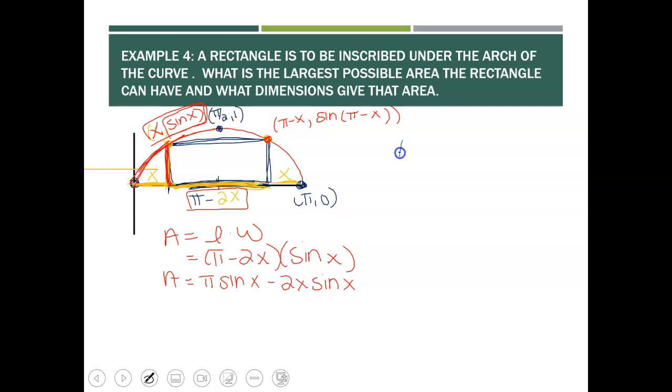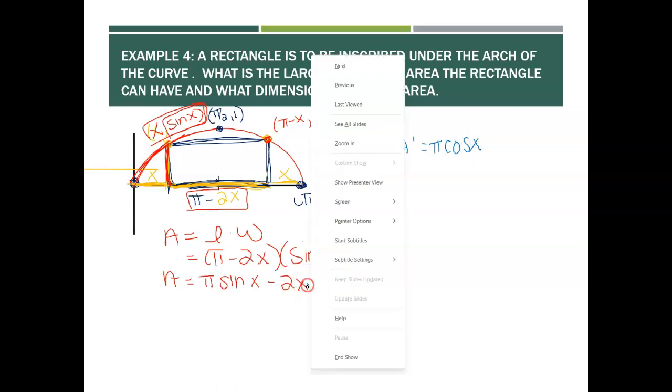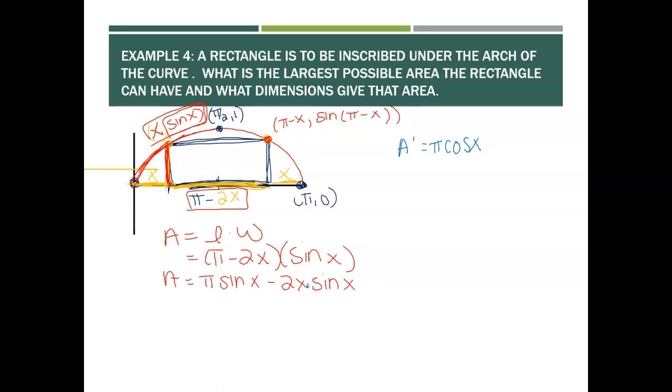So, to maximize it, we're going to find the derivative of it. Derivative of pi sine x is pi cosine x. The second part is a product rule, because you have 2x, which is the first function, times derivative of sine x, which is the second function, plus the sine of x times derivative of 2x, which is 2.